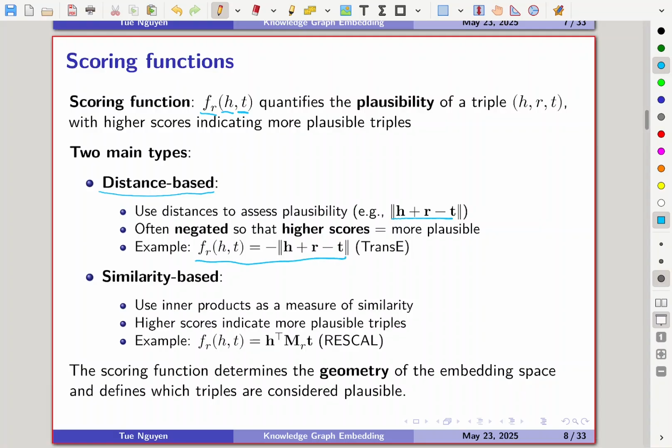The second type of scoring function is similarity-based. Functions of this type use inner products as a measure of similarity, as in models like RESCAL. So the scoring function determines the geometry of the embedding space and defines which triples are more plausible.